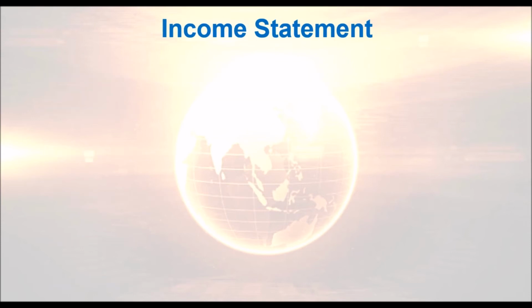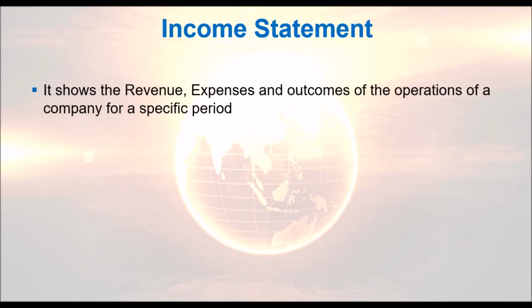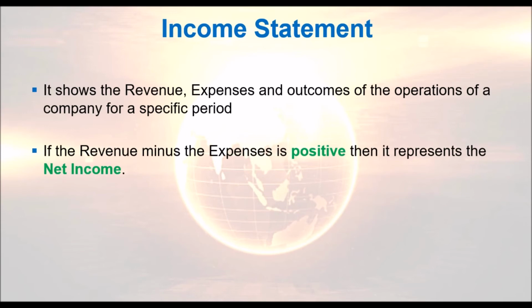Now let's first look at the income statement. The income statement shows the revenue, expenses, and the outcomes of the operations. Basically, when the revenue minus the expenses is positive, it represents net income. Remember how we said earlier, revenue minus expenses is equal to income.